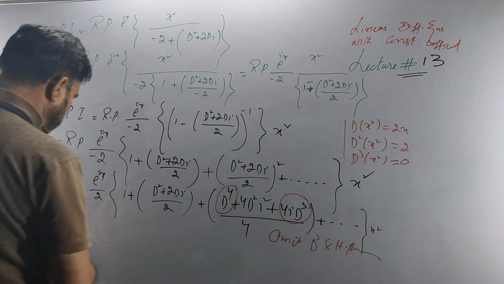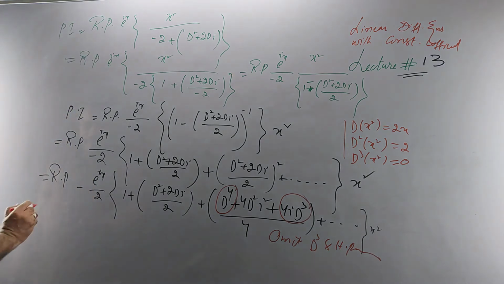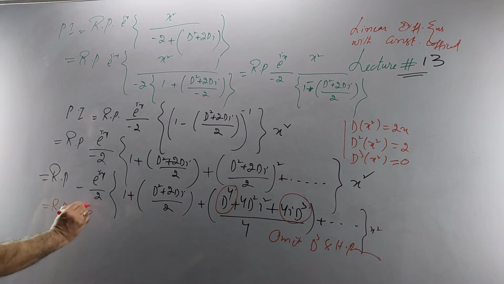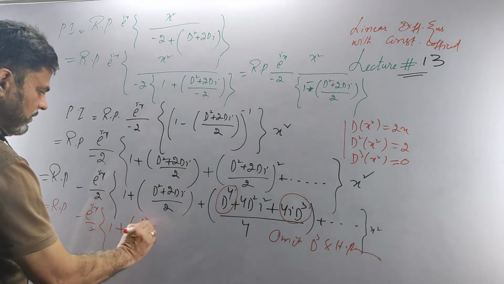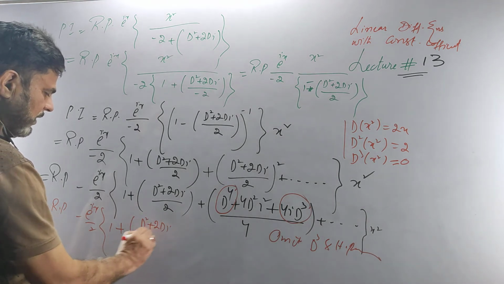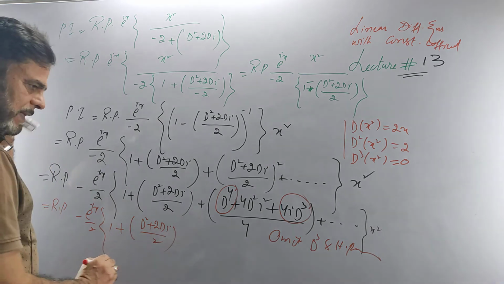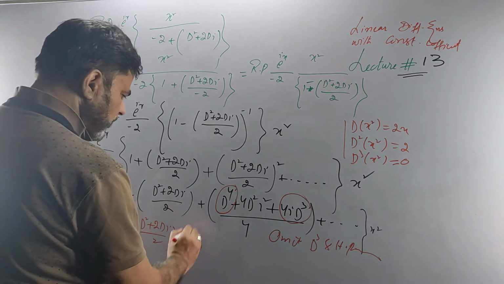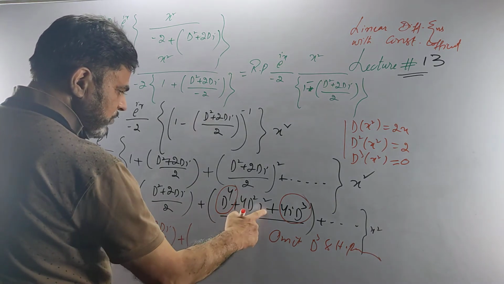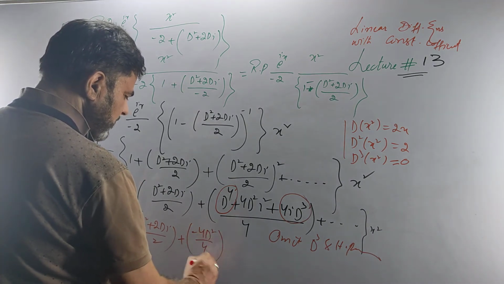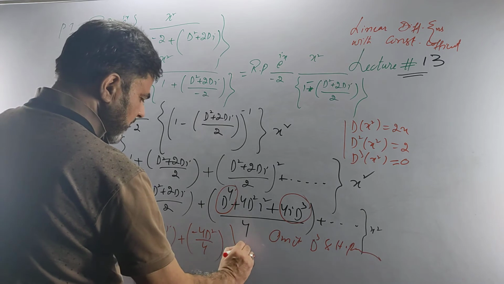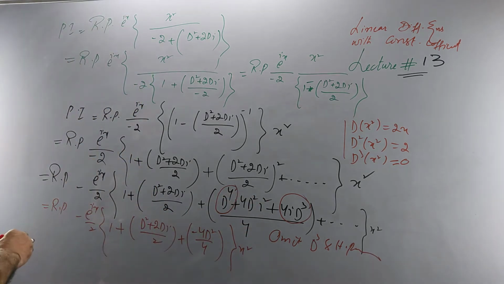Therefore we are left with, now we are finding out what? A real part of minus e raised power iota x by 2. This is 1 plus D square plus 2D iota by 2. Then you are left with only, it is iota square minus 4D square by 4 into x square. You have to leave D cube and D4.